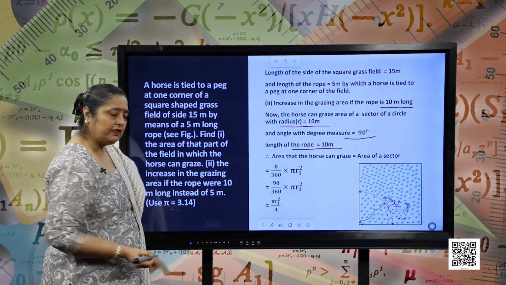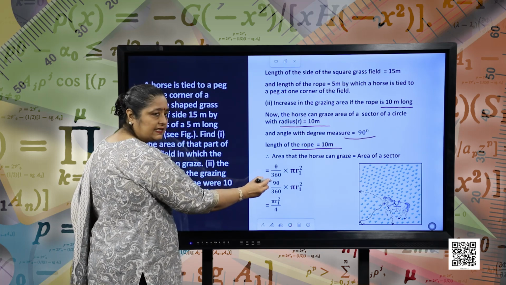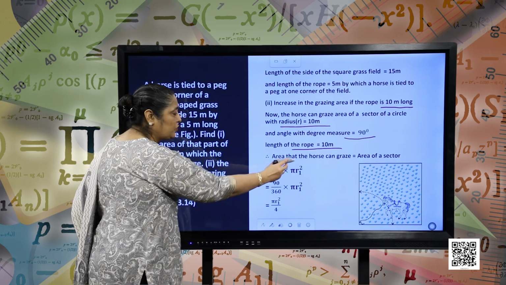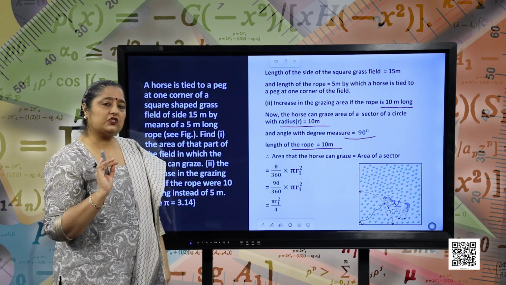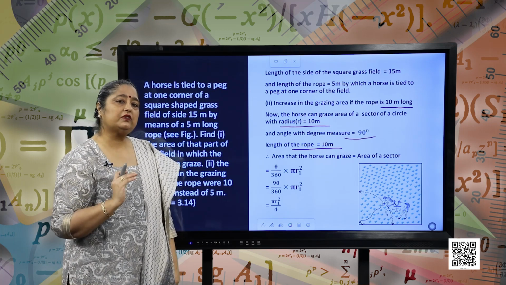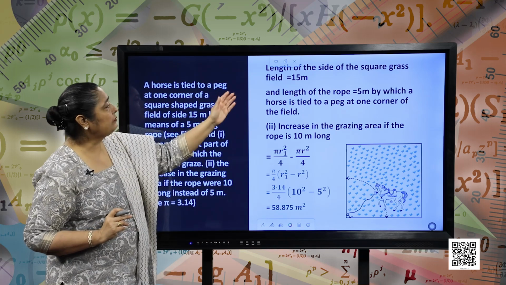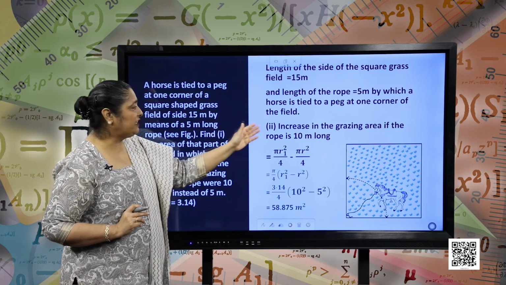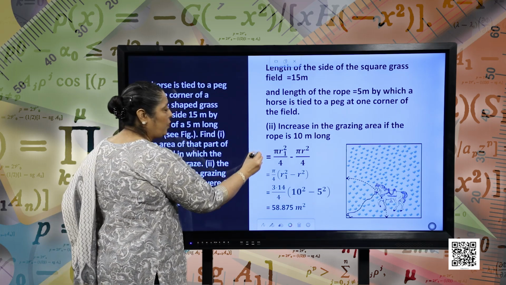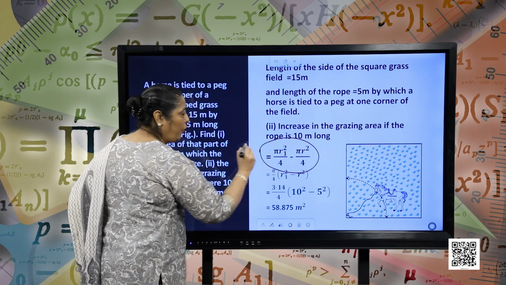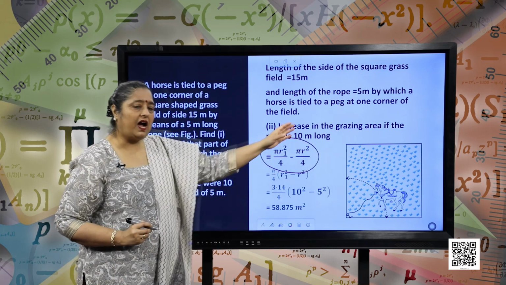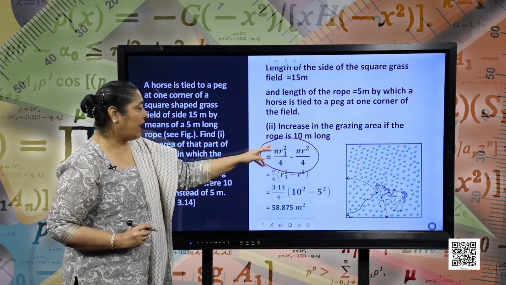Substituting the values in the formula, we have theta by 360 into pi r1 square. Let us keep r1 square as it is. We will substitute the value of r1 later. So, the increase will be pi r1 square by 4 minus pi r square by 4.